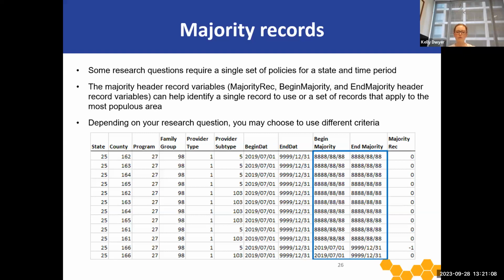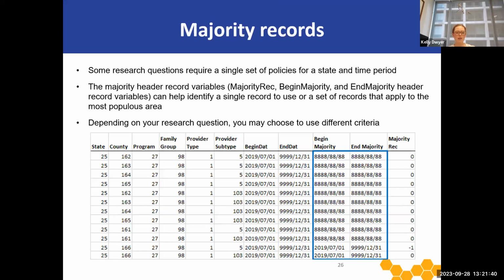For example, in the reimbursement rate category, which shows provider payment rates, Massachusetts, shown here as state code, FIPS code 25, like many states, has different rates for different regions of the state. In this case, the rates that apply to the most populous area, which is Region 6, as confirmed with our state partners, or County Code 166, will have the majority dates coded with end dates that match the regular dates fields, begin date and end date.